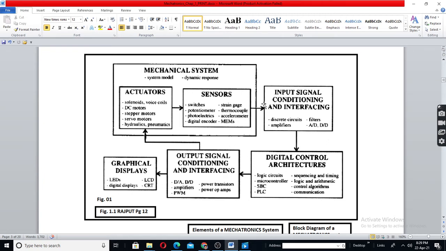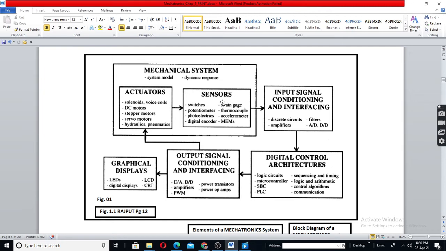So proper conditioning and interfacing should be done before the sensor output is given to the control system. This is called conditioning and interfacing of input signal to the control system.